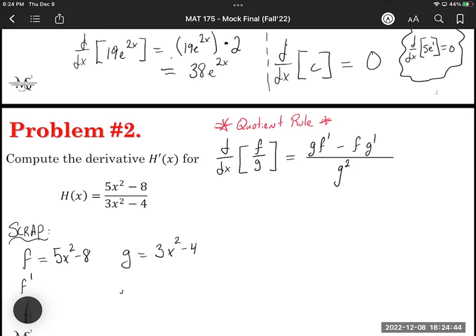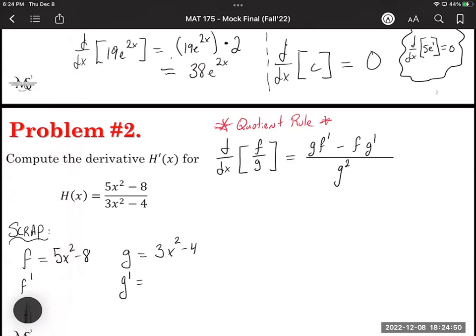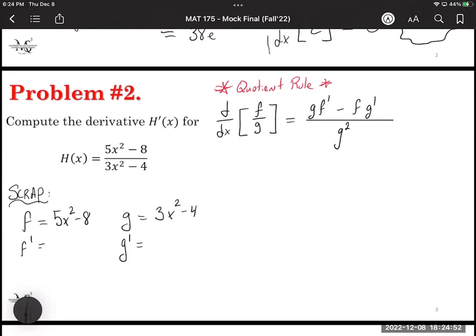Right underneath, you write out your derivatives. Oops, made a little typo there. So, what is the derivative of 5x squared minus 8? 10x. That's going to be 10x. And the derivative g prime of x? 6x.